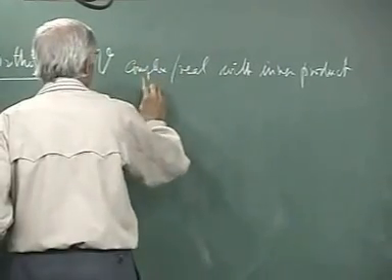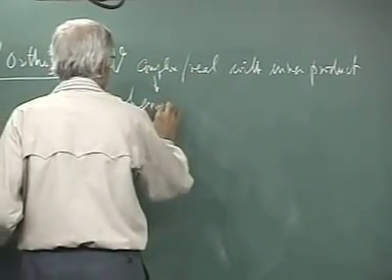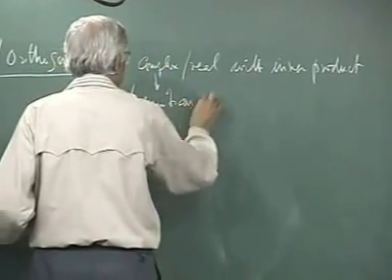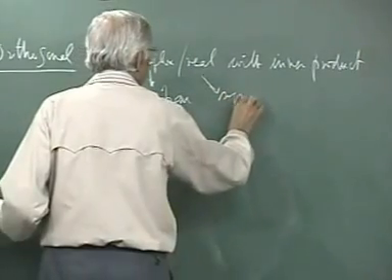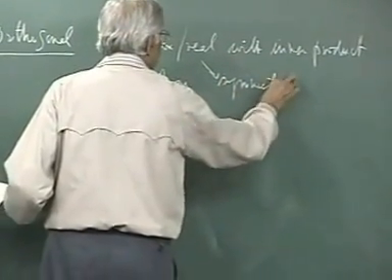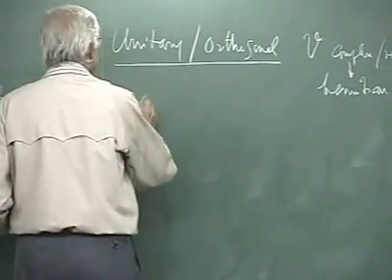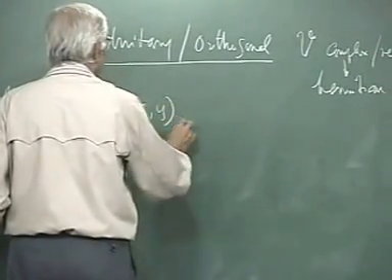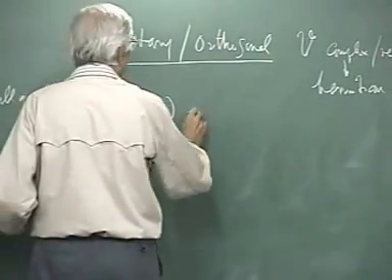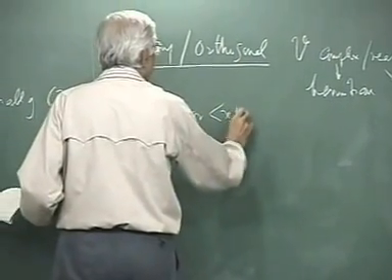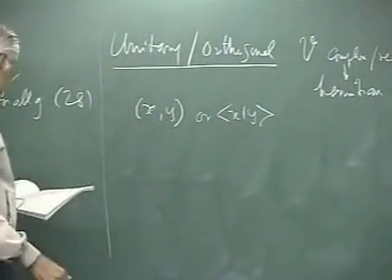So the two names, and I am assuming you know these ideas, vector space with an inner product, and we will write this inner product sometimes in the usual bracket form or sometimes in the Dirac notation.